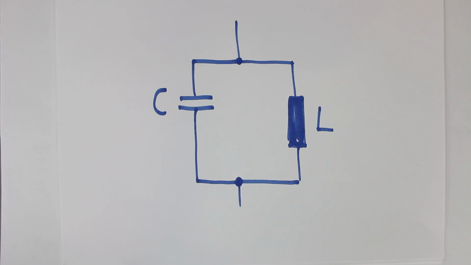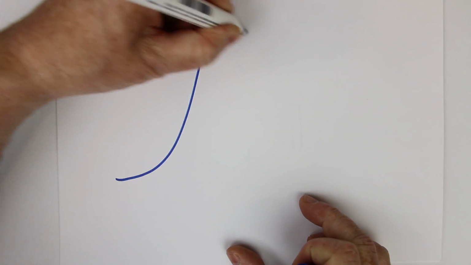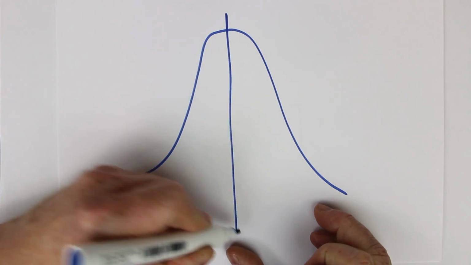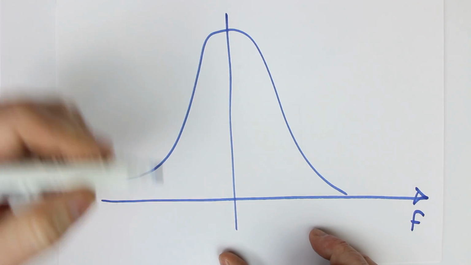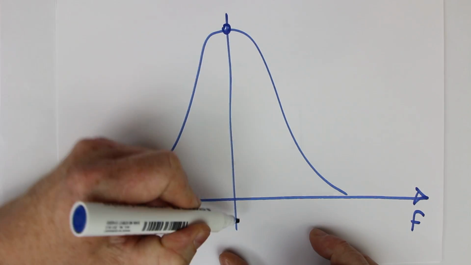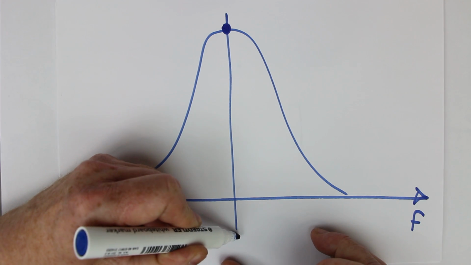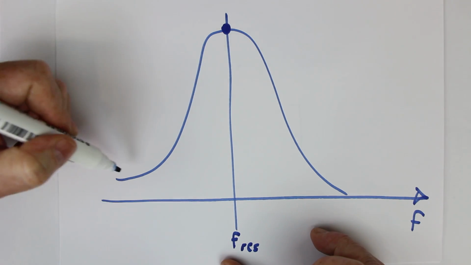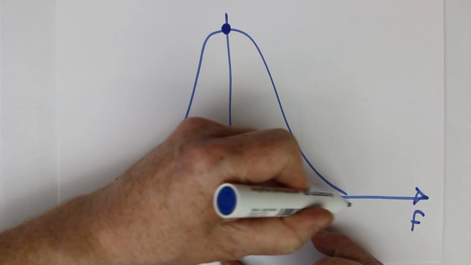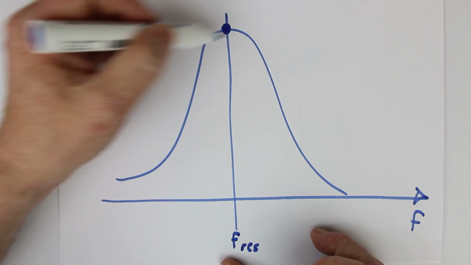First of all, the shape of the resonant curve. Well, why is it called a resonant circuit? Because if this is the frequency axis, there is this frequency where the sensitivity is at max, which we call the resonant frequency, and the shape of the curve is somewhat like a bell.